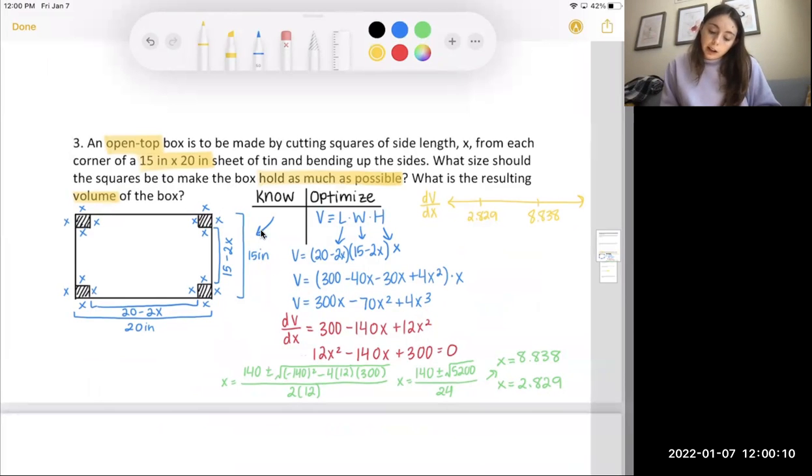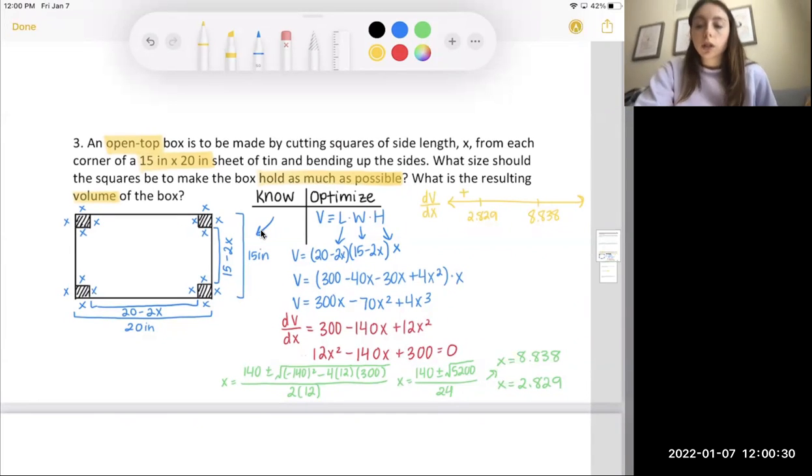So if you plug in, like on the left of 2.829, you can plug in 0 into your derivative and you're going to get 300. So that's positive. You can plug in something like 3 into your derivative. And I think that for this one, it's probably good to do it in a calculator to make sure.